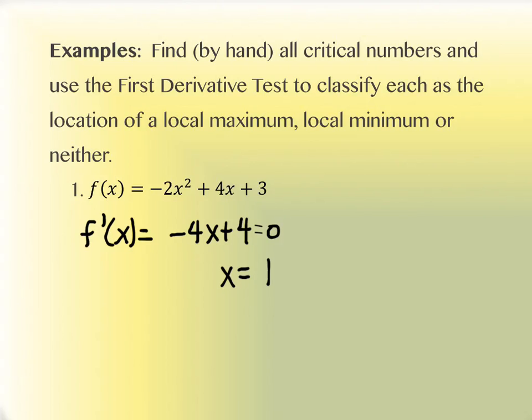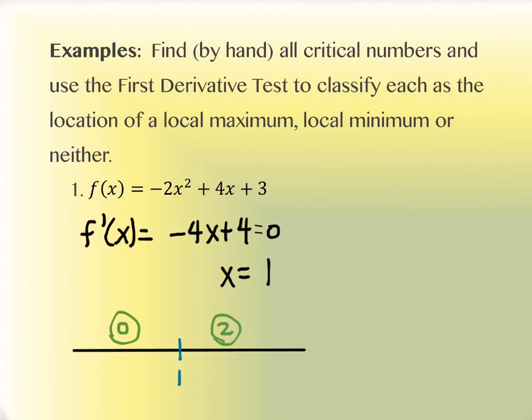So how does it work? Well, it works like a number line. So we locate the value or values that we are going to test, the critical numbers, on the number line, and we test values before and after them. But we test nice values. I don't know about you, but 0 is a fantastic value. I love using 0 whenever I can because everything goes away, right? And then maybe we test the number 2.